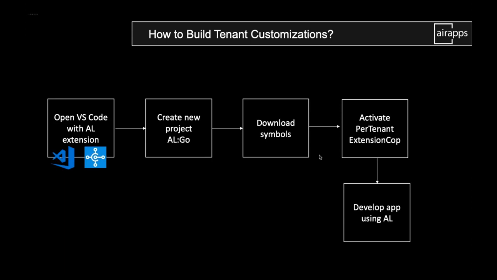Then you develop your app using the AL language, and then you should generate a permission set. Not a mandatory step actually, but mandatory if you have new tables. If you have new tables, you have to generate a permission set.